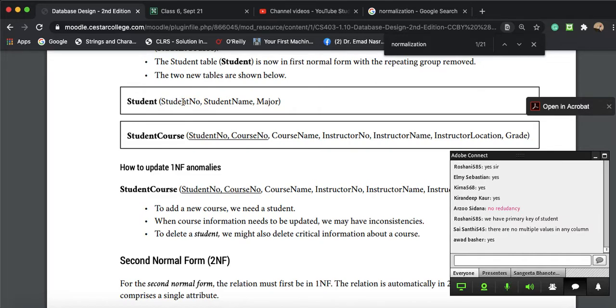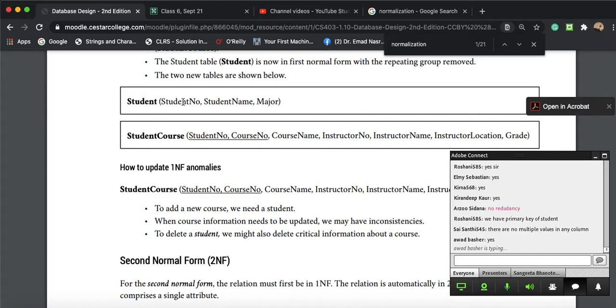Does it mean all relations with a single primary key are in the second normal form? Yes. Does it mean all relations which have a compound or composed primary key are not in the second normal form? No.